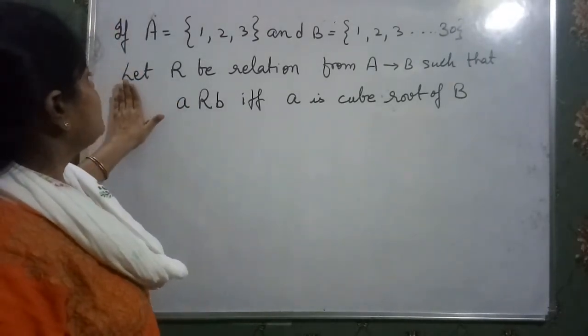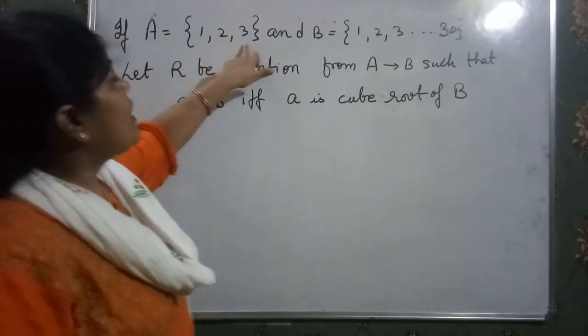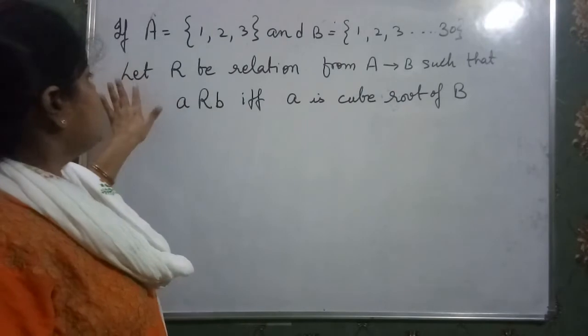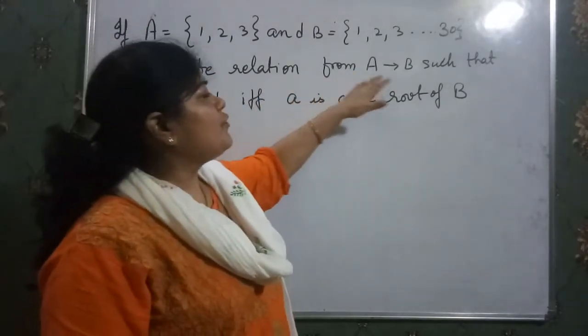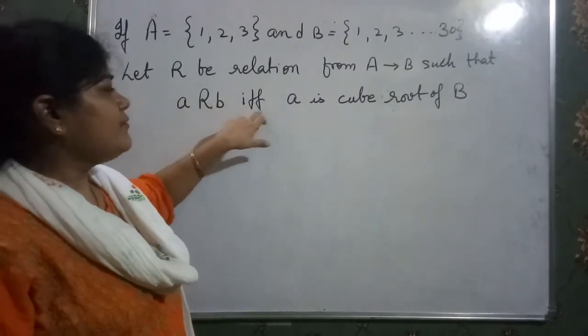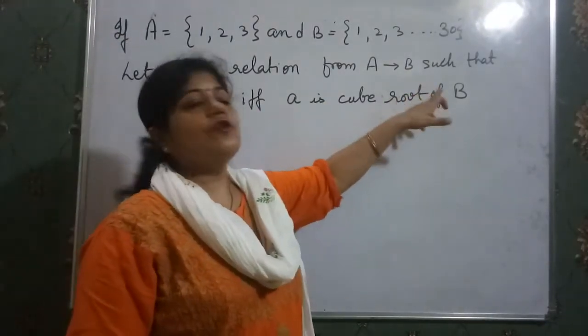Okay, now just see the question. If A is equal to {1, 2, 3} and B is equal to {1, 2, 3, up to 30}. Now let R be a relation from A to B such that a R b if a is the cube root of b.